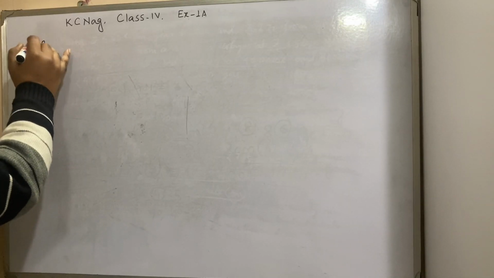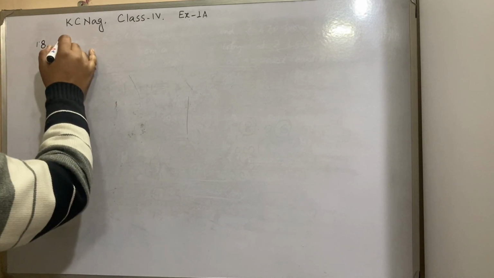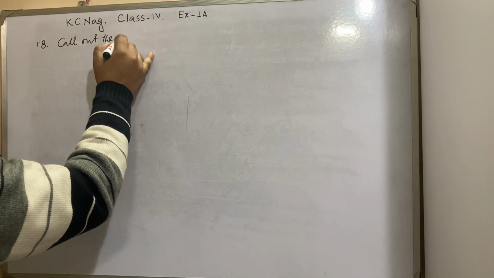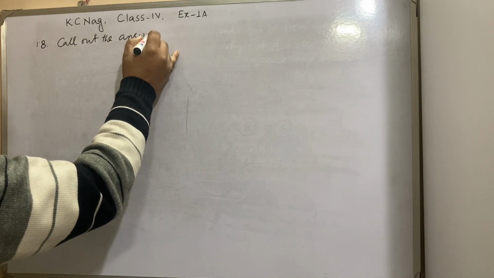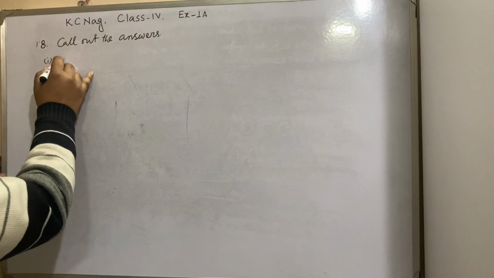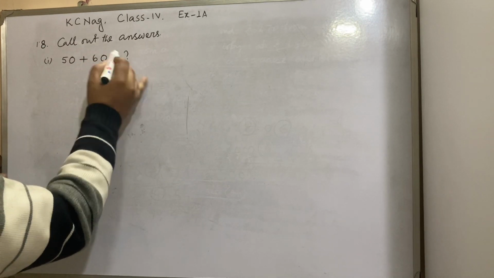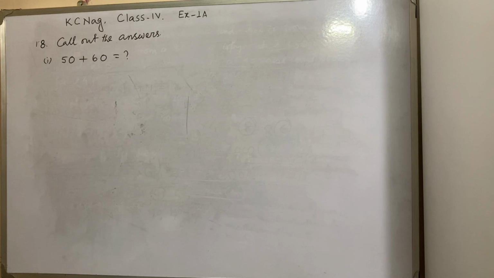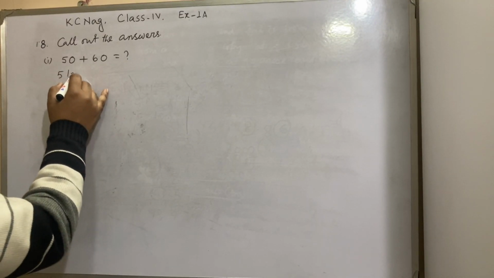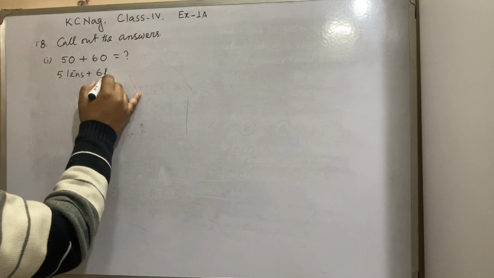Question number 18, it says call out the answers. That is question number 1. 50 plus 60 is equal to question mark. Here 50 means what? 5 tens, plus 60 means 6 tens.